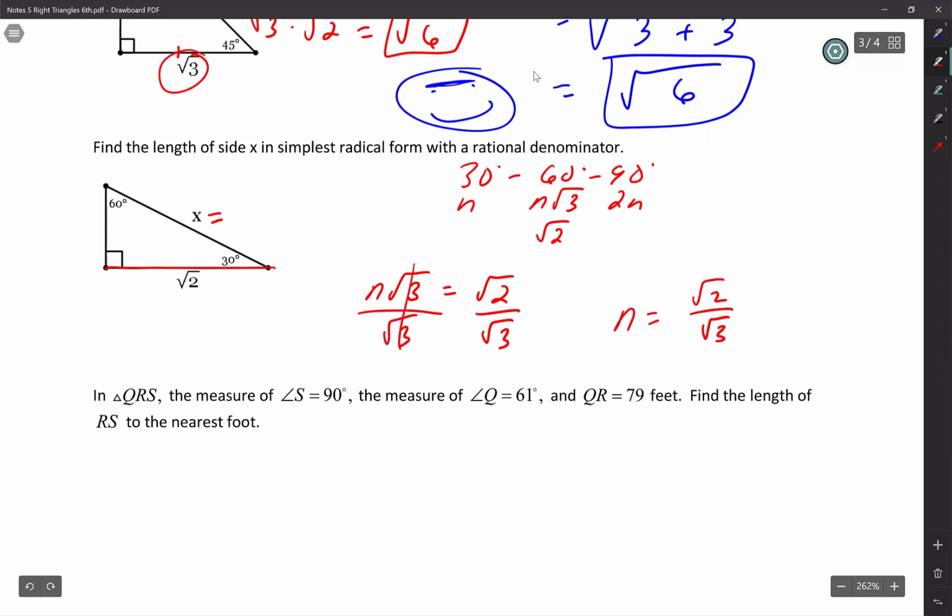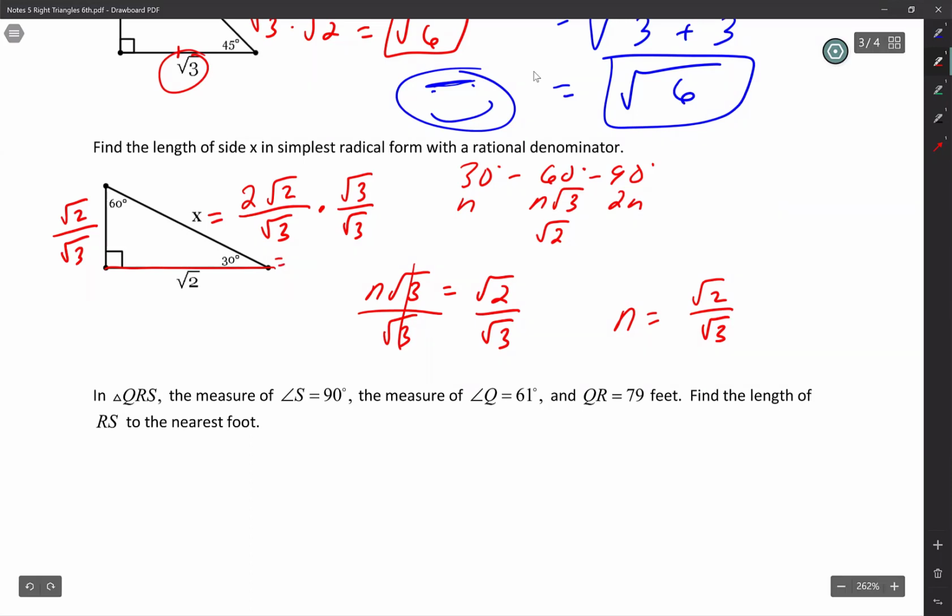For now, you can leave it like that. If you want, you can write one giant parenthesis with one giant square root radicand and put the 2/3 in there, square root of 2/3, but that's fine. From there, I'm just going to multiply by 2, guys. So 2 square root of 2 over square root of 3, which is an acceptable answer, but let's go ahead and rationalize the denominator. I'll multiply the top and bottom by the square root of 3 over the square root of 3, which is the same thing as 1.